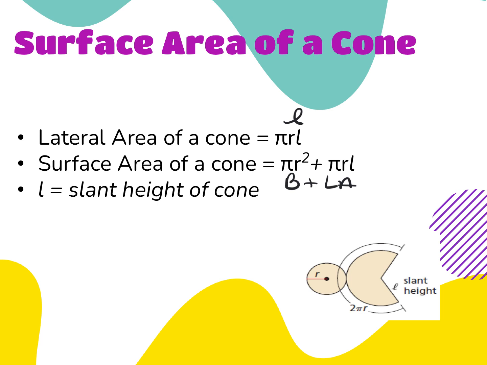The way that they come up with this formula for lateral area, it is the formula for area of a sector. And if you notice down at the bottom, that's actually a picture of a net. So this is the whole circle base, and this is the lateral area if you were to unfold the cone. And that's an example of what they call a net.